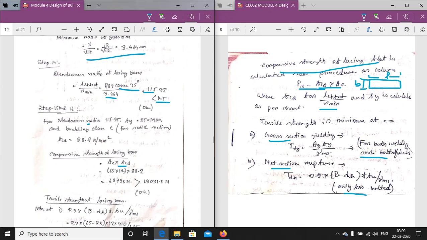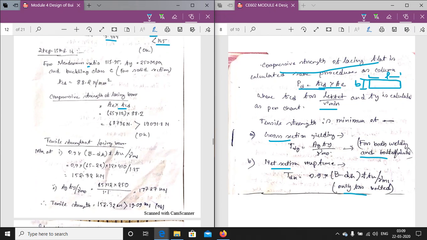So what is the slenderness ratio we are getting here? 115.95 is the slenderness ratio of the lacing bar, and Fy is equal to 250 MPa.